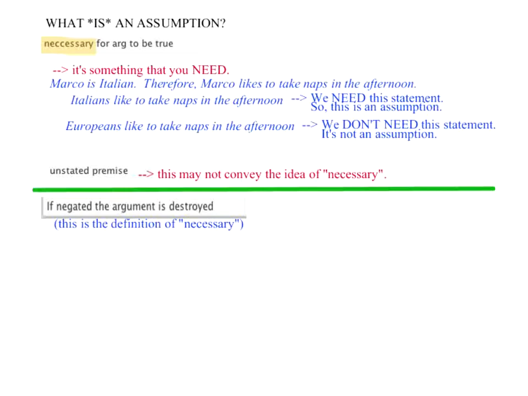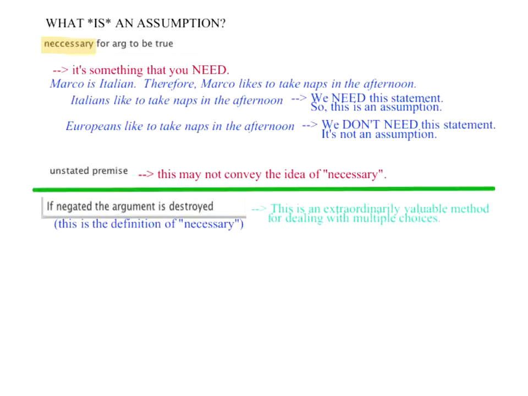This is an extraordinarily valuable method for dealing with multiple choices. Because you can just try the choices, you can try to negate them, and you can see if they do destroy the argument.